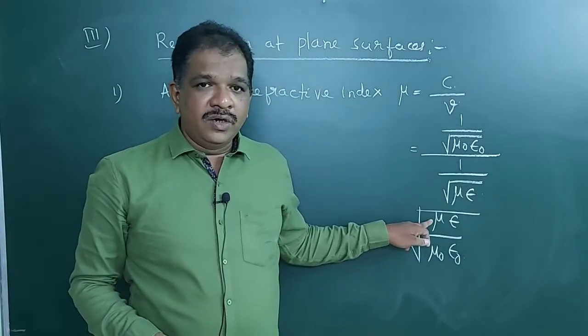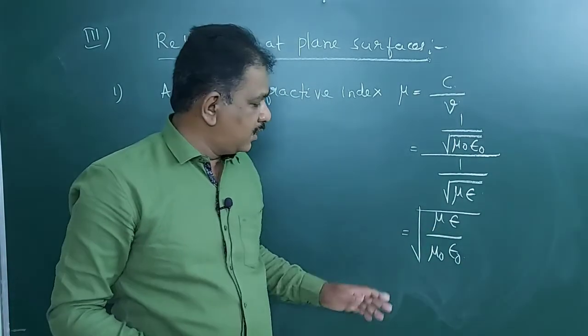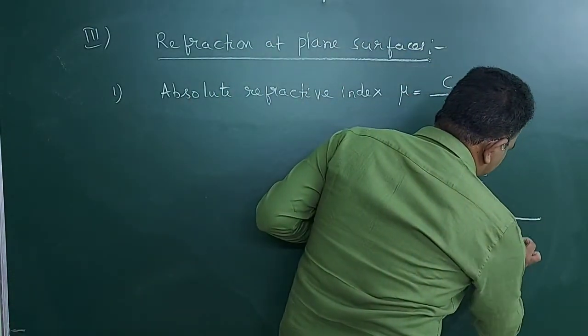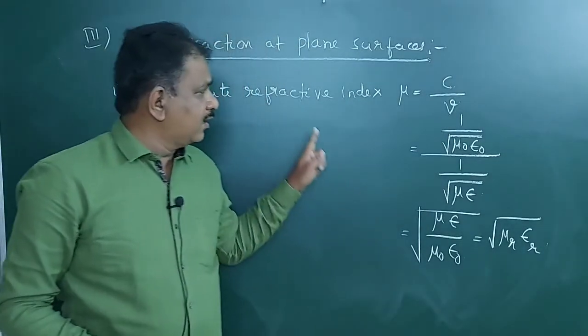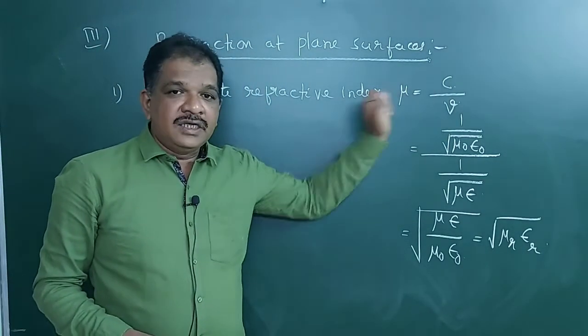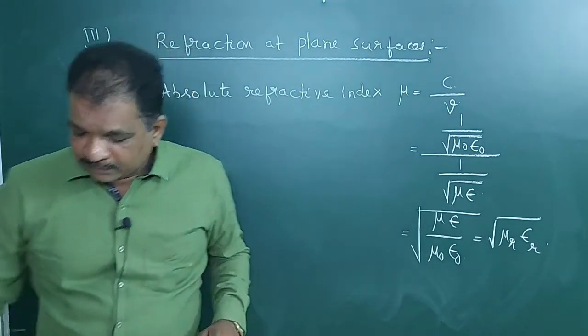Mu means mu naught mu r, epsilon means epsilon naught epsilon r. When mu naught epsilon naught are cancelled, it becomes mu r epsilon r. So the absolute refractive index formula is C by V or root of mu r epsilon r.